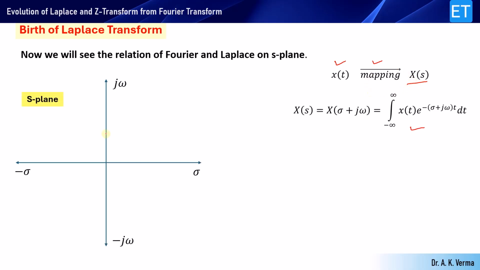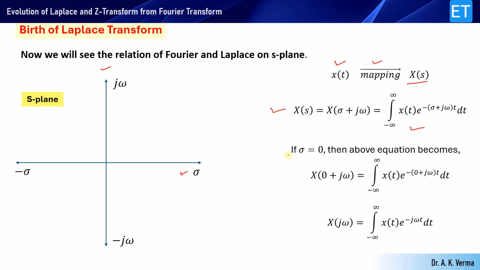This is the S-plane. You can see this is your real axis, as sigma is a real number, and this is the imaginary axis. This space is known as the S-plane. If I take lots of points on x(t), those points are mapped to points in this S-plane, and the mapping relationship is the formula of Laplace.